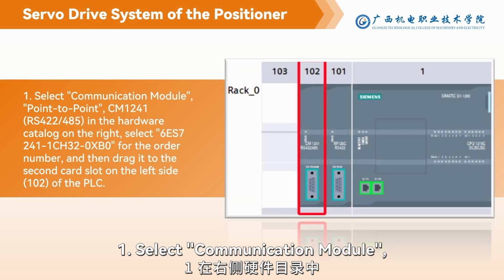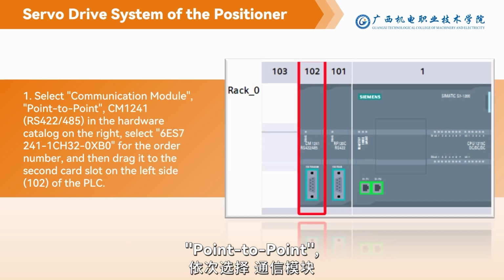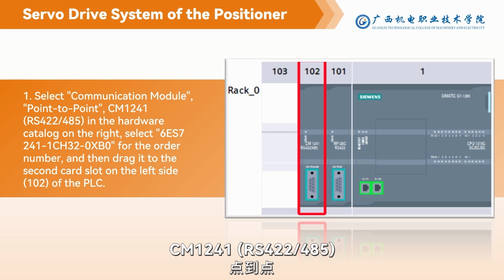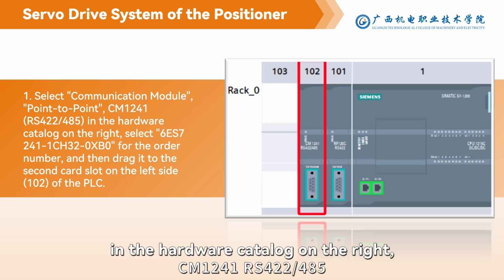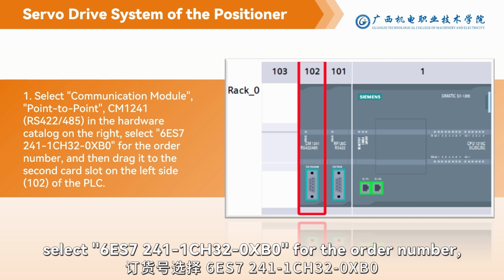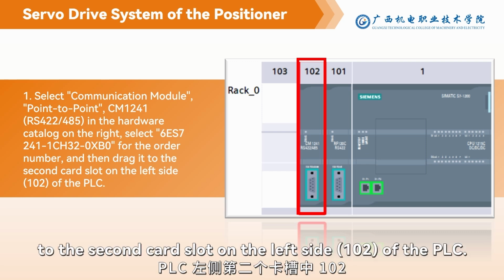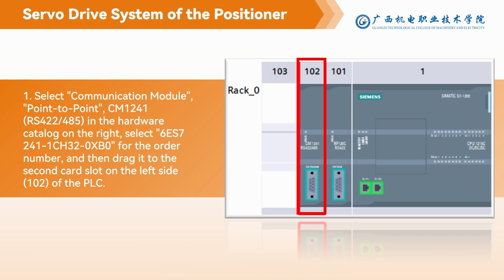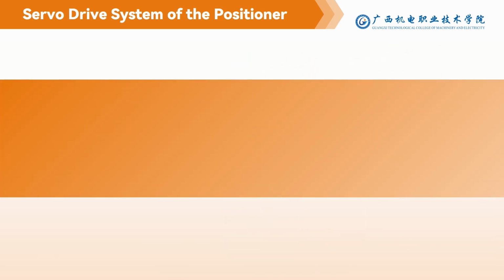Select communication module point-to-point CM1241 in the hardware catalog on the right. Select 6ES7241-1CH32-0XB0 for the order number, and then drag it to the second card slot on the left side of the PLC.